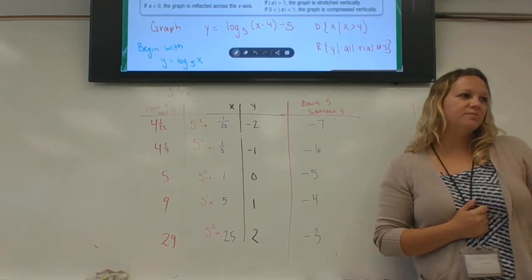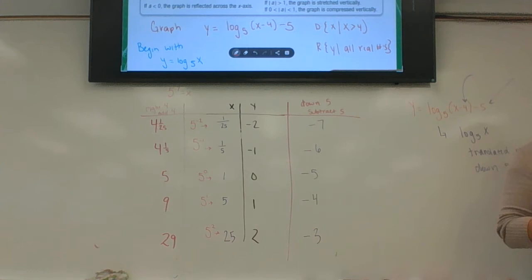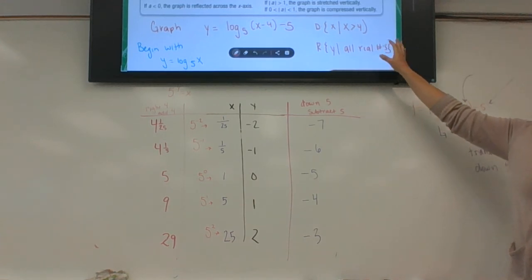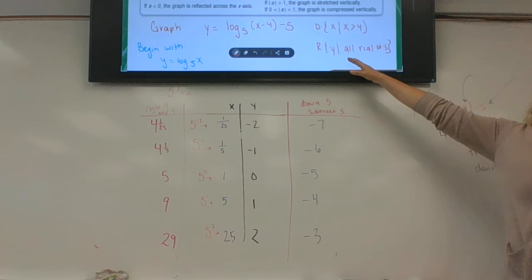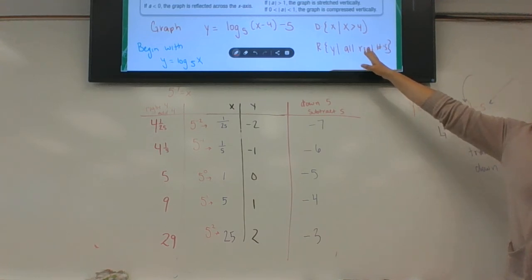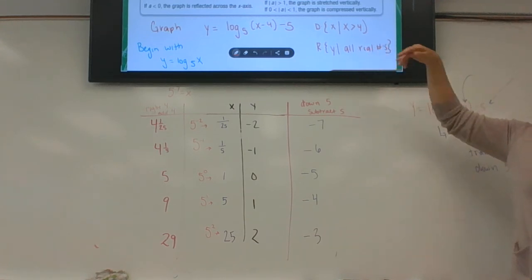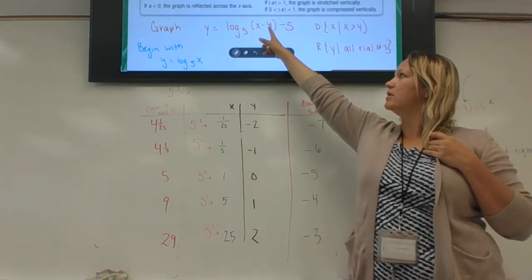Do you have a question on it? Okay. Yes, it is. This, for log equations, for our purposes, is always all real numbers. And the domain will be whatever number's in there.